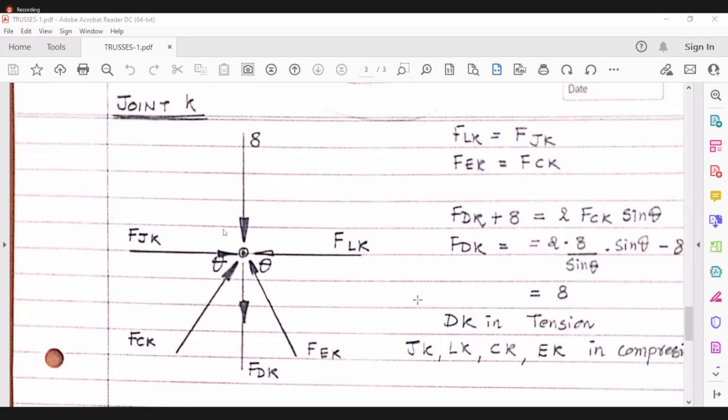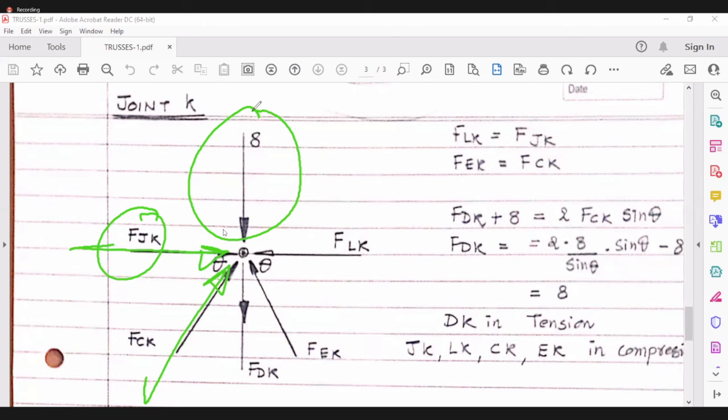There is nothing challenging in it, because when we come to the point K, we have JK which is like this, and it is known. FCK is also known. This 8 is known, right? Yes, sir.